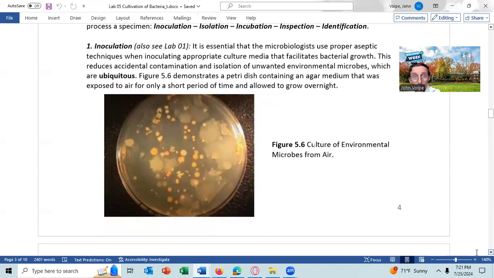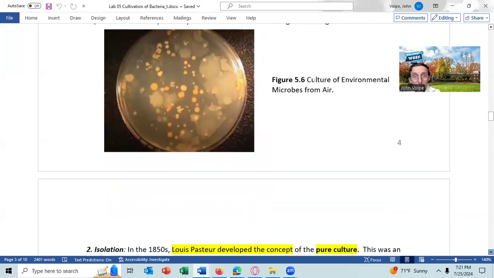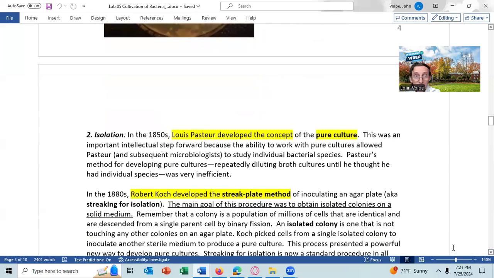All right, inoculation is just putting the bacteria on the plate. Isolation is isolating the different species of bacteria. In microbiology, we usually work with pure cultures because if you have a mixed culture, let's say 3 different species in a tube, and then the tube turns yellow, you don't know which species, or whether all 3 of them, changed the color of the tube to yellow.